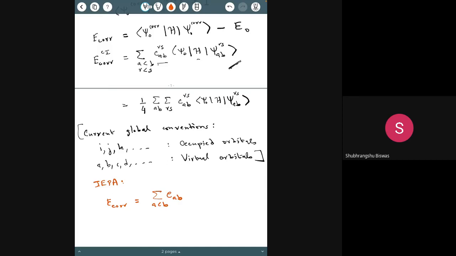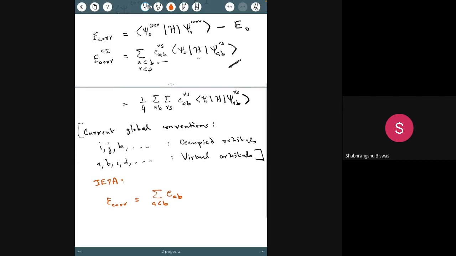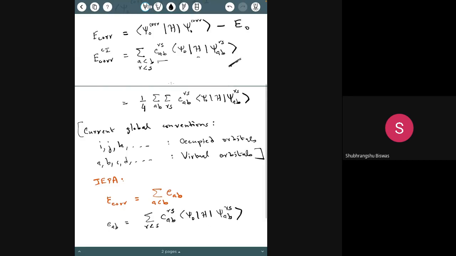So what I have done, I have separated the A not equal to B summation and put the rest into a pair correlation energy EAB, where EAB is equal to R not equal to S CAB to RS psi 0 H psi AB RS.